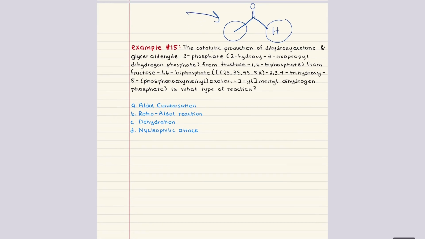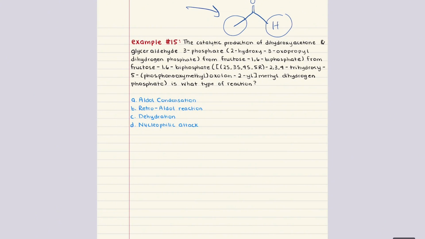Now we can move into our last and final problem. Problem 15 says the catalytic production of dihydroxyacetone and glyceraldehyde 3-phosphate from a fructose-based compound is what type of reaction? The key to this problem is not to get lost in drawing these structures. This falls outside the scope of the MCAT. However, what we can recognize from the nomenclature is that we are forming a ketone and an aldehyde from a single molecule.